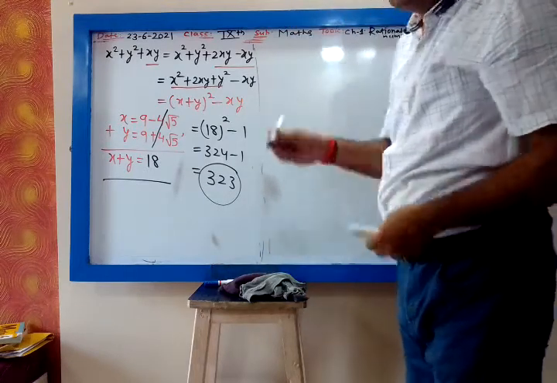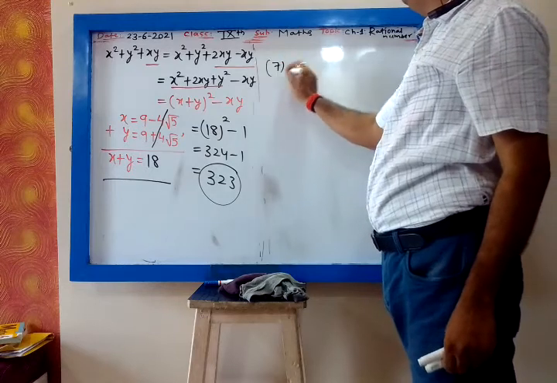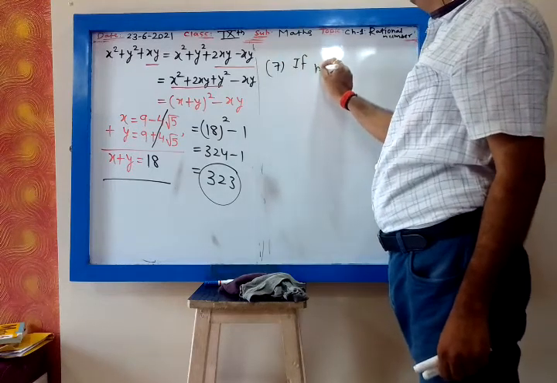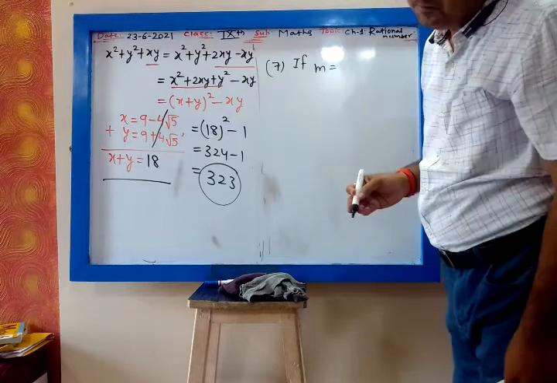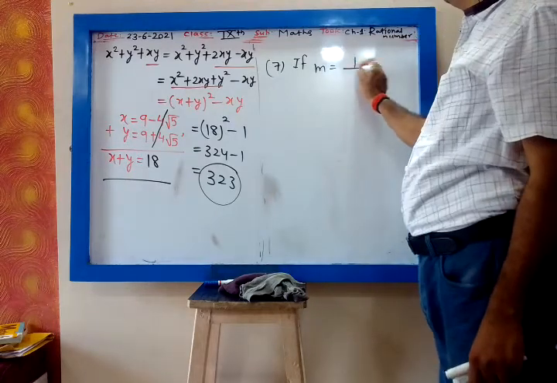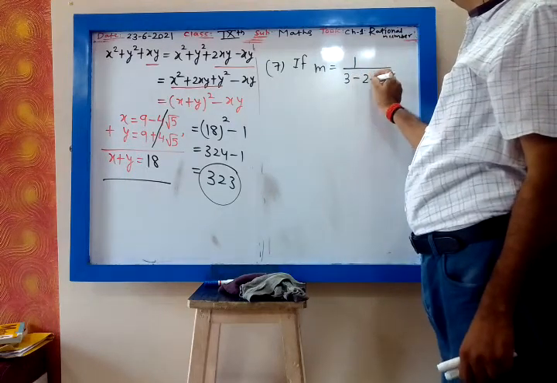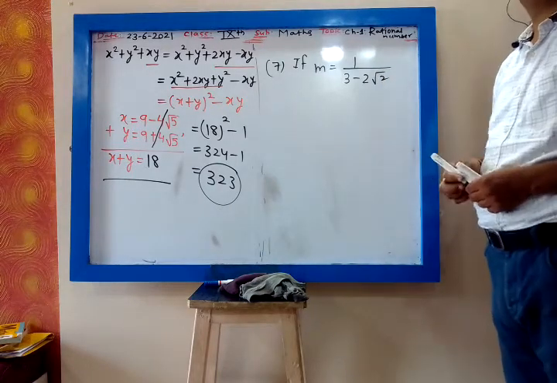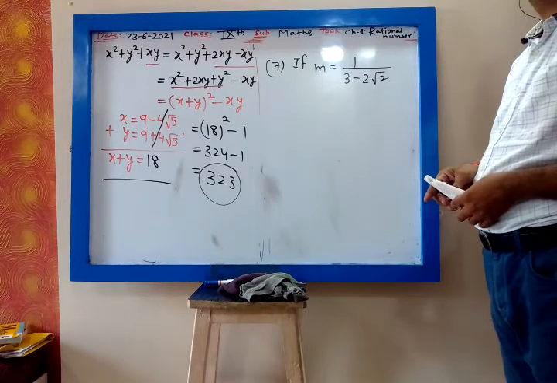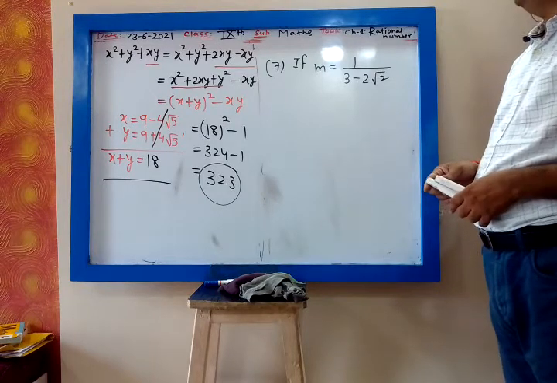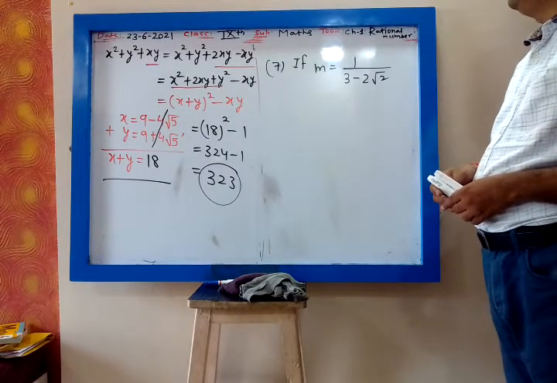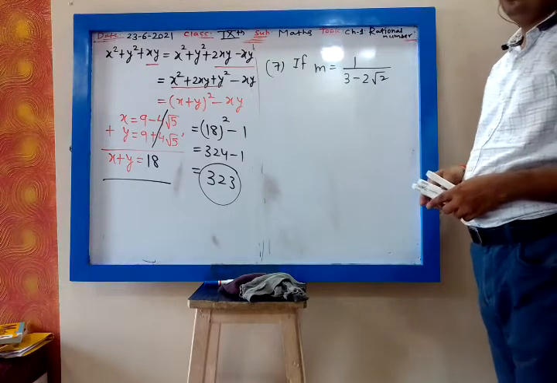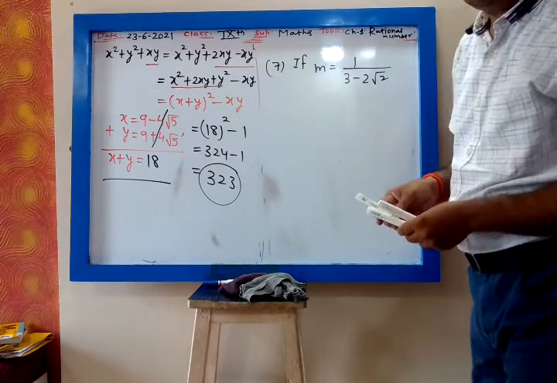Now 7th is: if m is 1 upon (3 minus 2 root 2). Now you tell me, what is the rationalizing factor, my dear? That will be 3 plus 2 root 2.